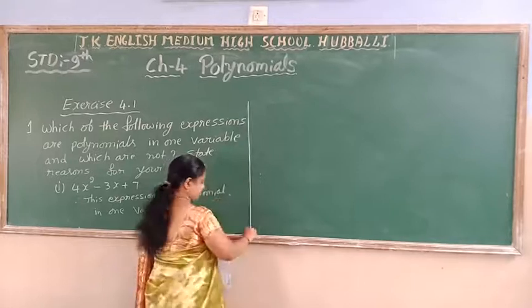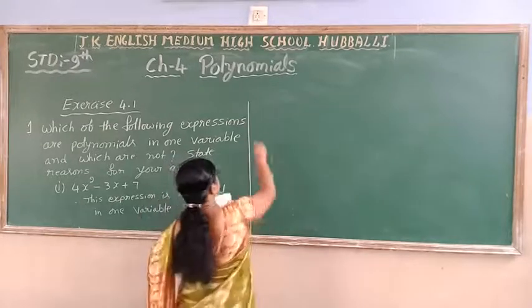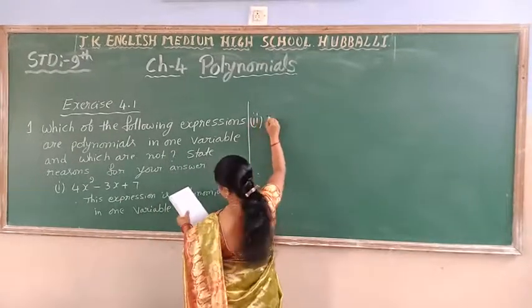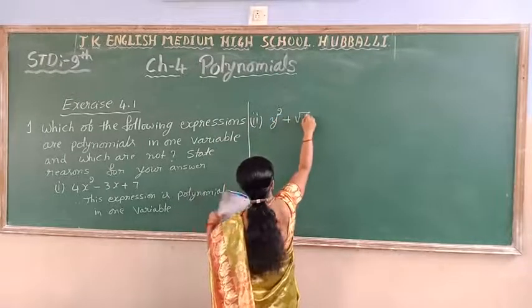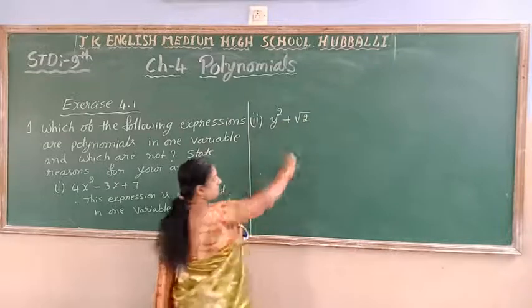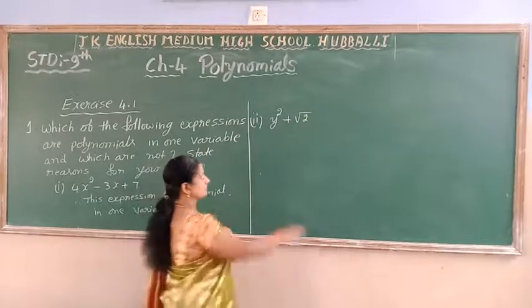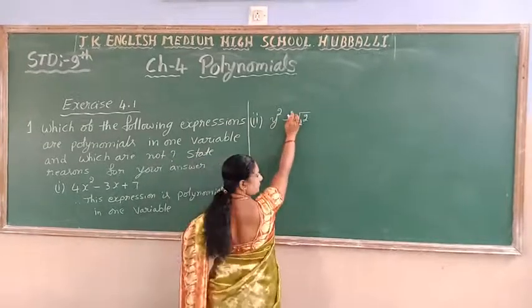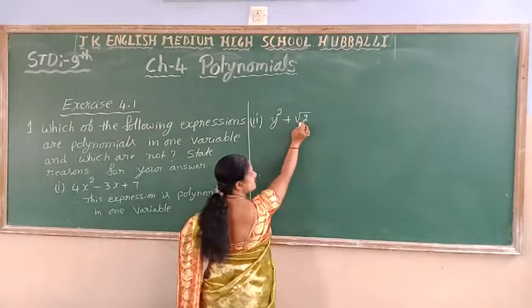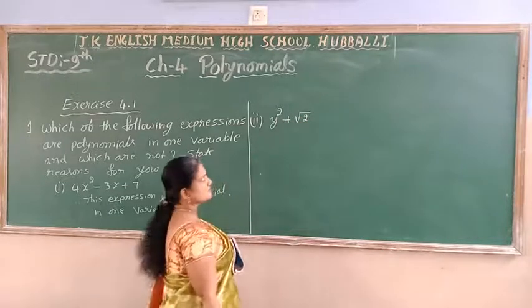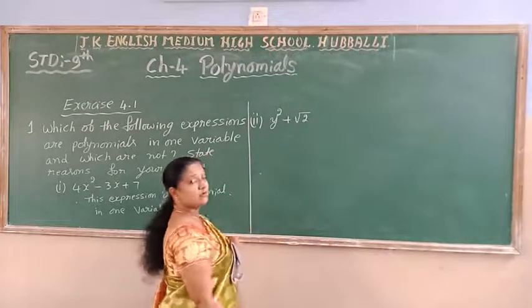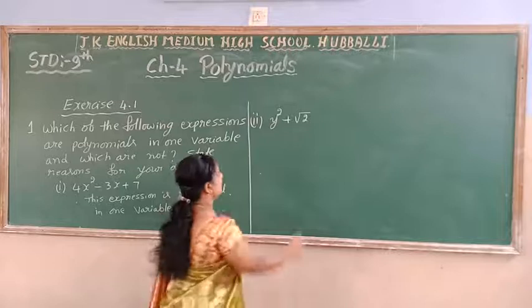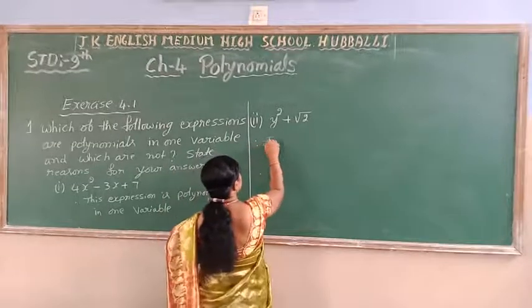Then the second one, y square plus root 2. Here also one variable, y, but the power one term is not there. A last constant term is there, the constant is root 2. It is also a polynomial in one variable.